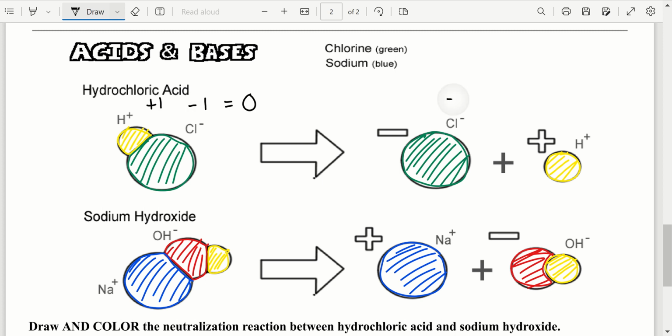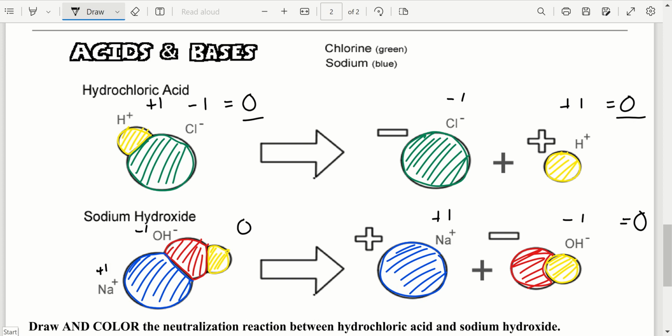On this side, I have a negative 1 and a positive 1, which is 0. It should balance on both sides. So this side is 0. This side has to be 0. Same thing here. That's a positive 1 and a negative 1, which when you add them, you get 0. On this side, I have a positive 1 and a negative 1. So when you add them, you get 0. So charges have to balance.